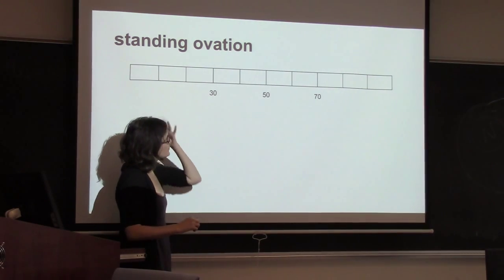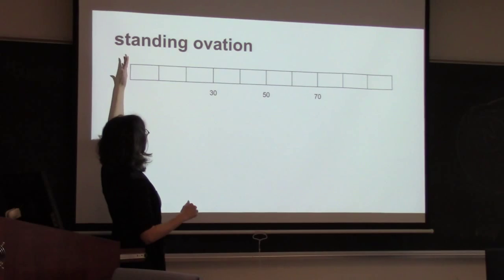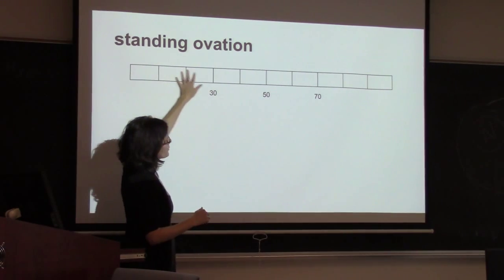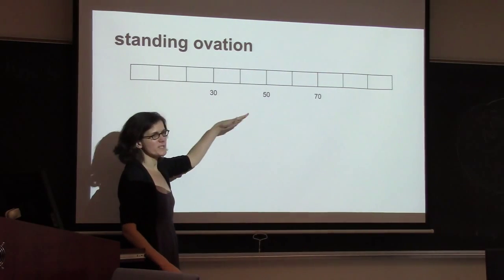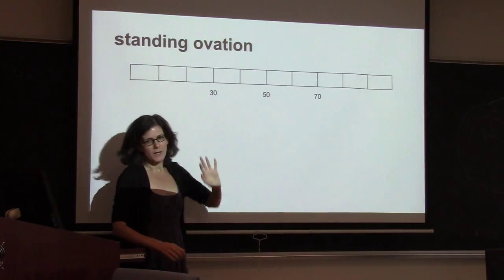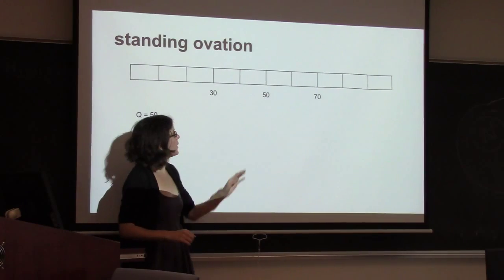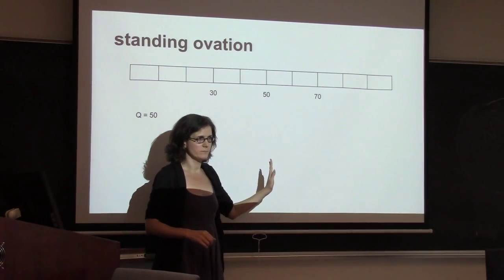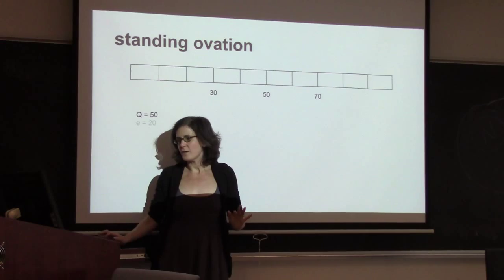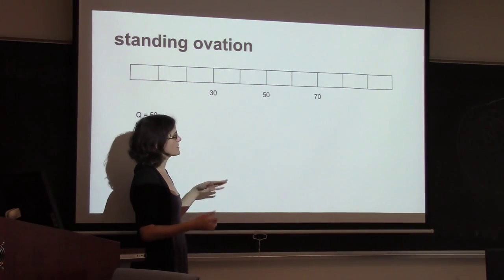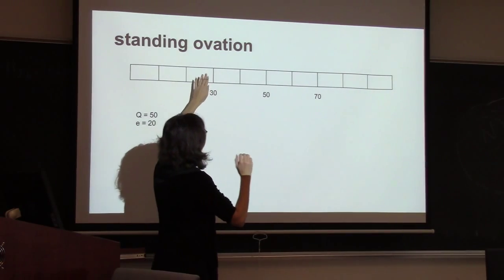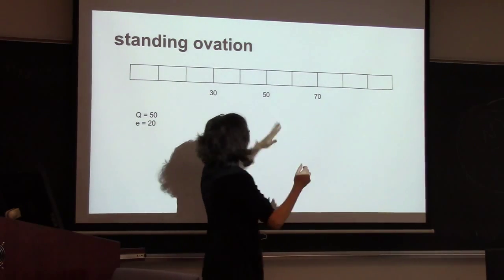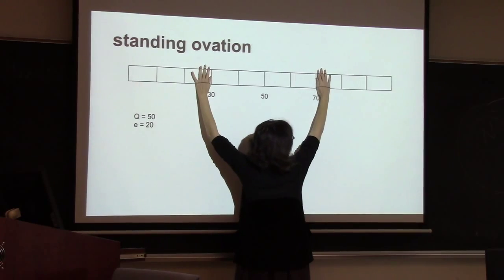What I'm showing you here is the array of possible perceptions of the quality. Let's look at an example where the true quality of a performance is 50, but there is an error of 20. That means among everybody in the audience, people are going to perceive the quality as anywhere between 30 and 70.